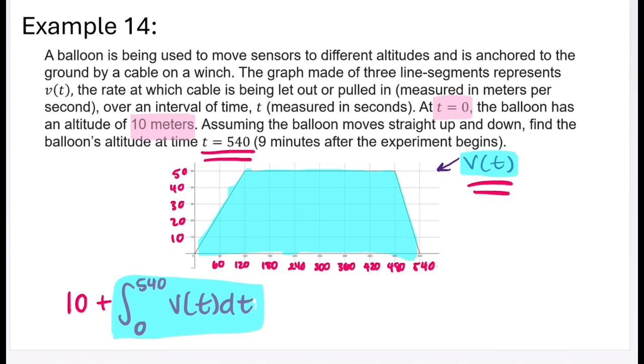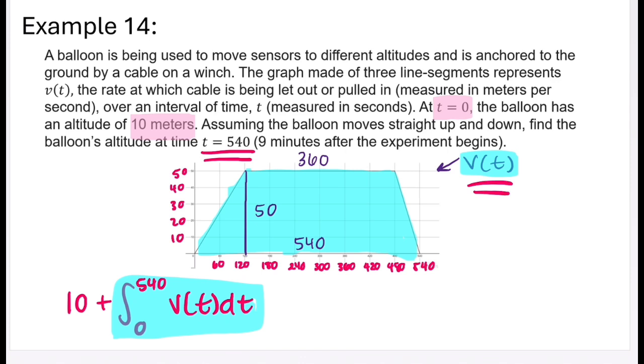So I have the base down here, which has a length of 540. The top here, from 120 to 480, has a width of 360. So we have 540 along the bottom and 360 along the top, and the height right here is going to be 50.